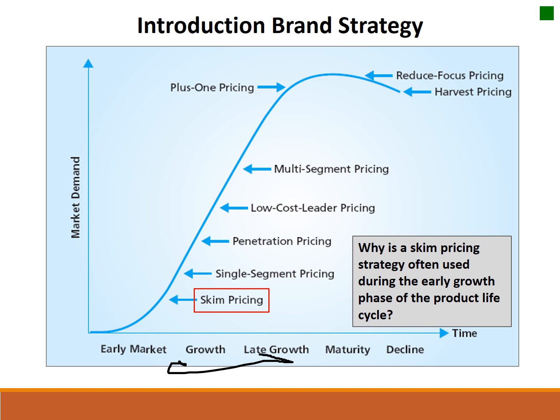The other thing that we need to do is consider the competition that we face during these various stages as well. So very early on in the product life cycle, we often do not have a lot of competition, because if we're the leader or the innovator, we're making the market, and other competitors just simply aren't quite in it yet.